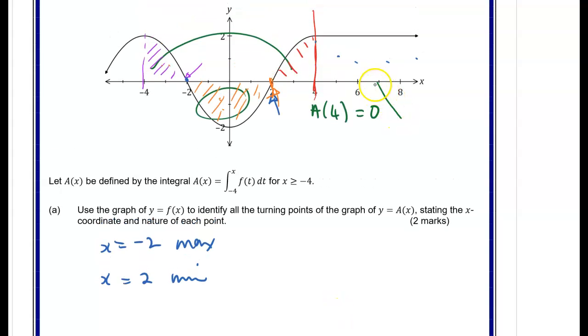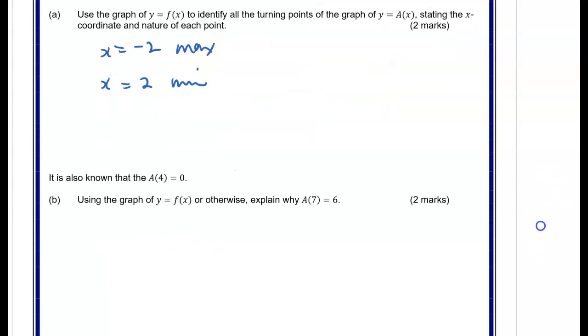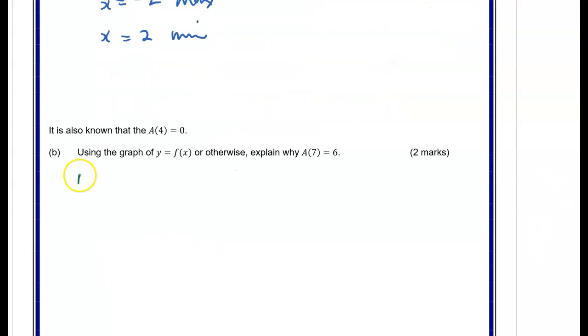So net effect up to this point is 0. Why is that equal to 6? Well, this area in green is just 3 times 2. So that's why that's 6. So we could do that more formally, but really that's all that's needed.